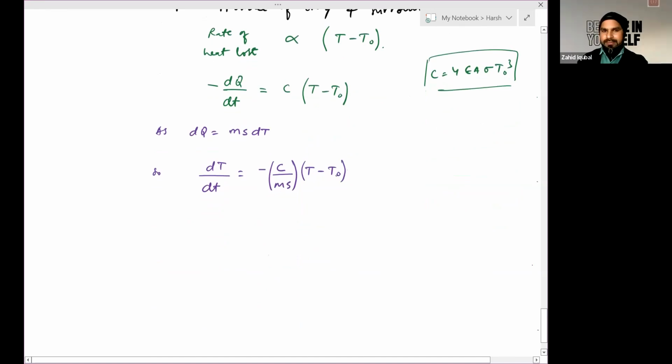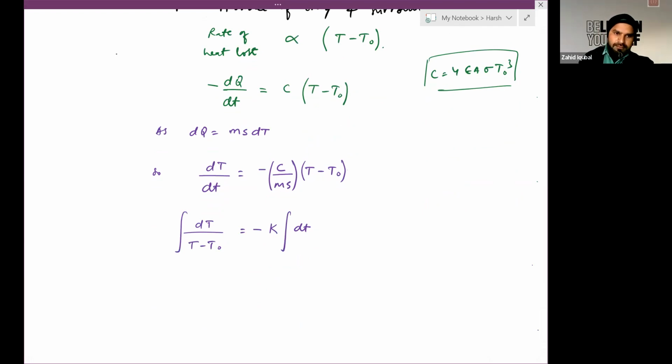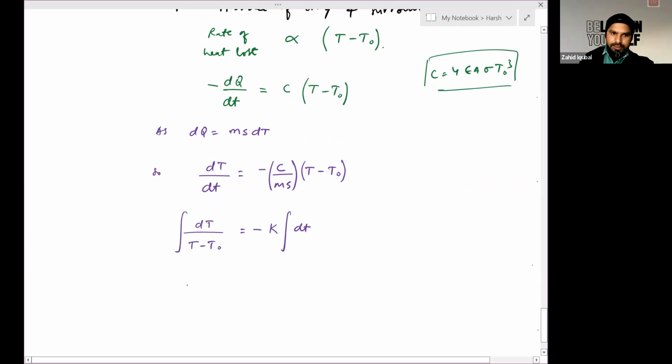Now move this T minus T naught to the left side and dt to the right side. So you will get dT divided by T minus T naught equals to, let's say this entire constant is K, times dt. So integrating both sides, 1 by T minus T naught will give you ln of T minus T naught is equal to K times t.